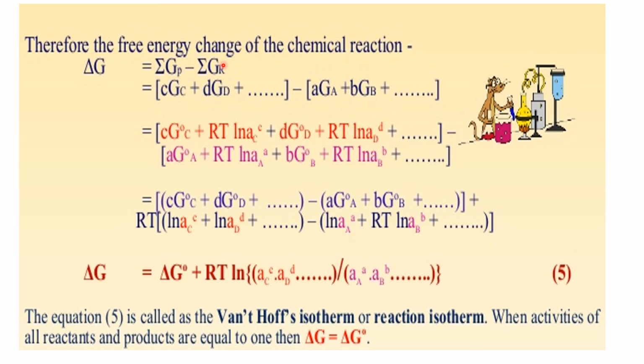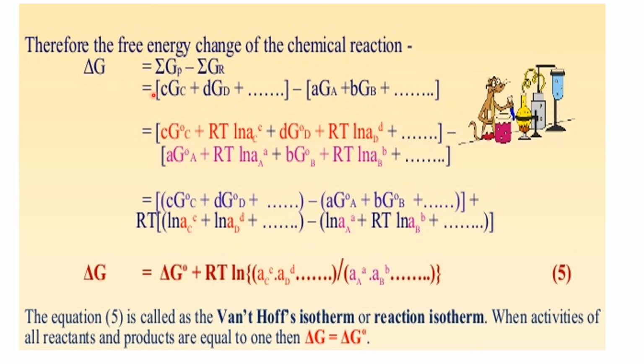So to calculate delta G, the change in free energy of any system, we have to consider the free energy of the product and the free energy of the reactant. We take the difference between them, and we get the free energy change delta G.